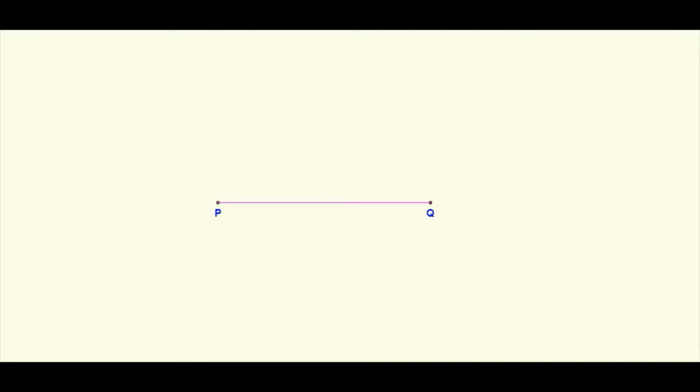Now, what we're going to do, we are going to take our compass, right? And you're going to place it at point P. You're going to open the radius of your compass and ensure that it is more than half the length of PQ, right?